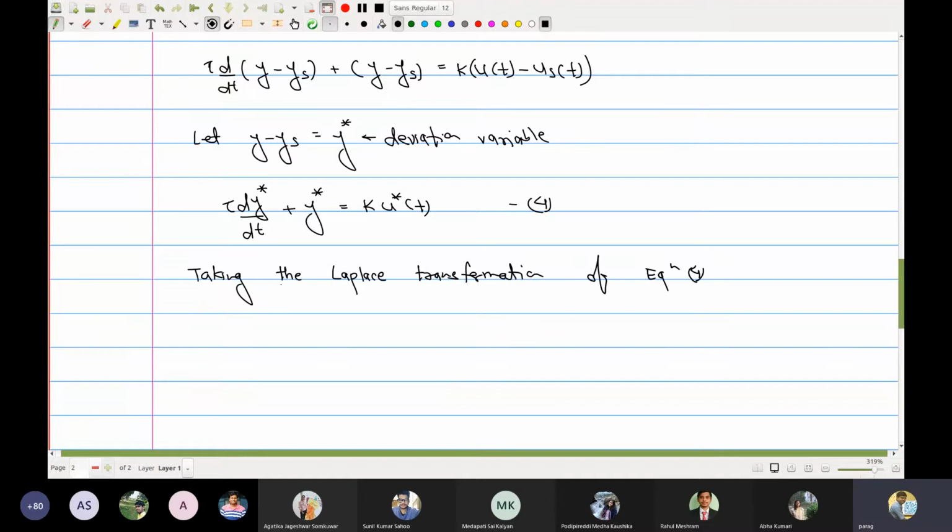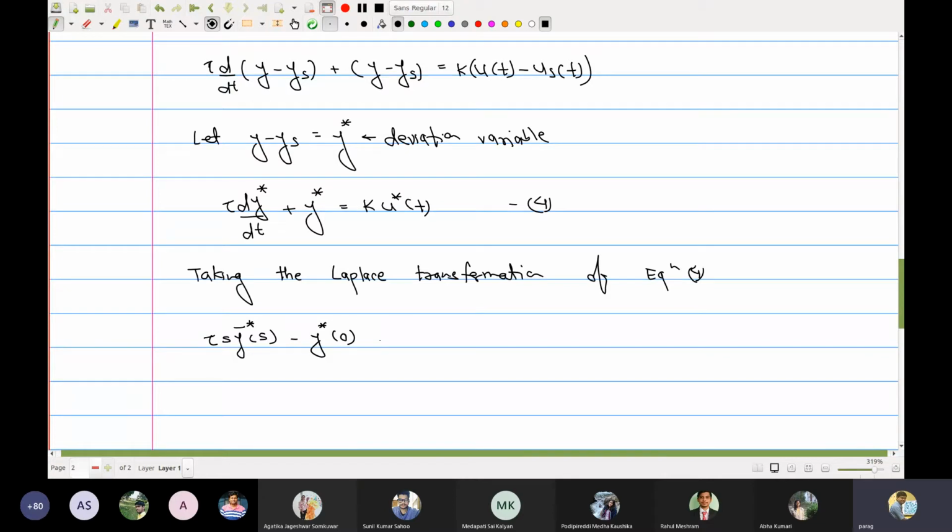equation 4. Okay, so the Laplace transformation of the derivative, if I do it correctly, would be s times the transformed variable. So this will become y bar, and let me not forget to put an asterisk here, minus y asterisk at time t equal to 0, right?